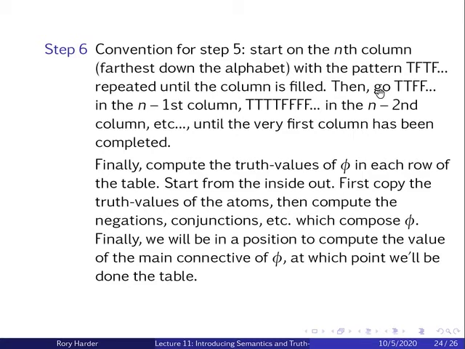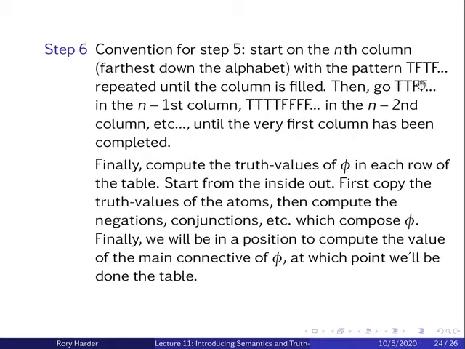Then you go to the n minus 1th sentence letter, and you don't alternate 1 by 1, you do 2 T's and 2 F's, and you alternate that pattern until the end. And if there are more atomic sentence letters to cover, then on the third last one, you do 4 T's and then 4 F's, and continue that pattern.